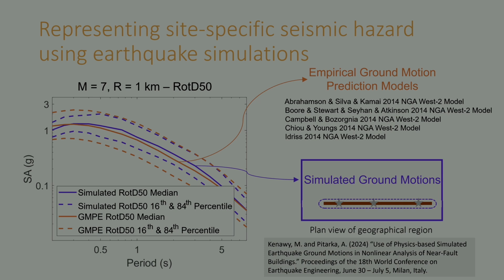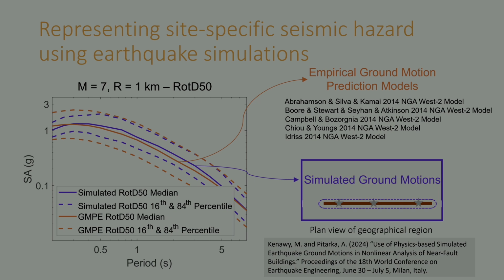And now that we have more confidence in those simulations, we're looking at what the simulations are capturing that is not captured in the empirical models. So, some of what we're seeing here for this very near-field location is, for example, higher spectral intensity predicted by the simulated ground motions.